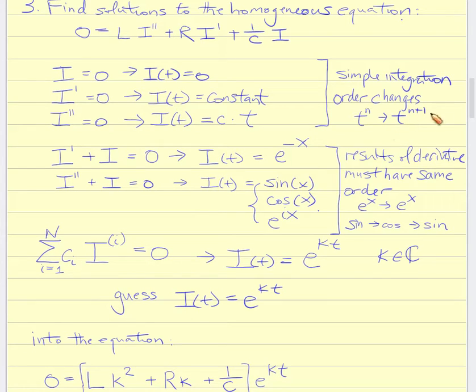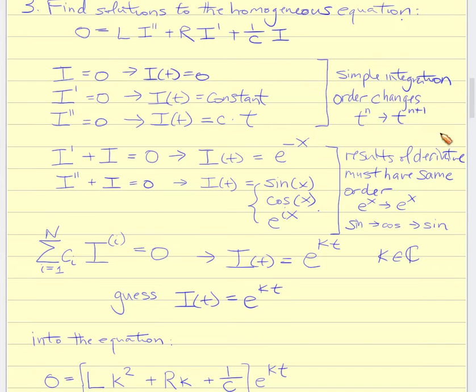So it becomes a higher order when you solve by integrating. And so the point is that what we started with, I, turns into something different when we do derivatives to it. It becomes t to the n plus 1 or n plus 2, or something that's not just t to the n anymore.